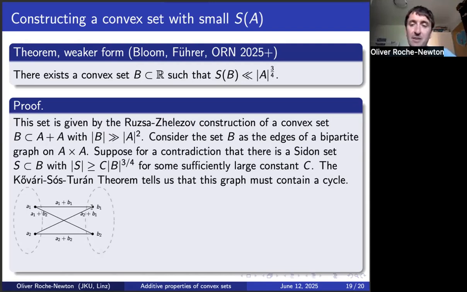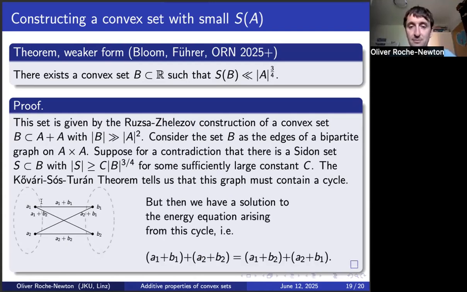And a cycle of length 4 in this particular graph has to look like this. It goes from A1 to B1. So we've got A1 plus B1, B1 plus A2, A2 plus B2, B2 plus A1. And these things all have to be in the set S. But then we can use them to make a sort of trivial solution here.